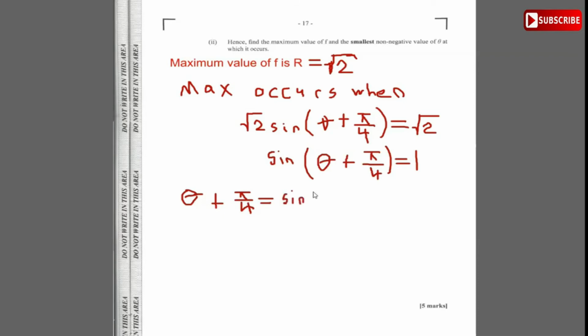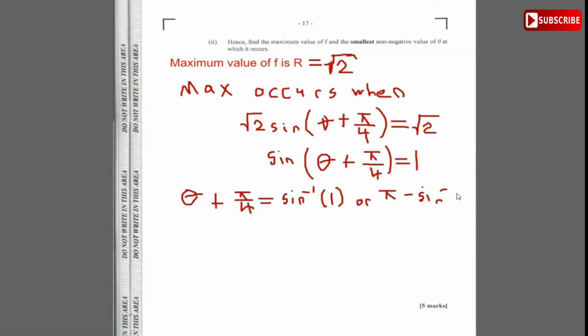And when you take sine inverse of 1, remember that it's going to be in 2 quadrants. So it's equal to sine inverse of 1 or pi minus sine inverse of 1, because sine is positive in 2 quadrants.